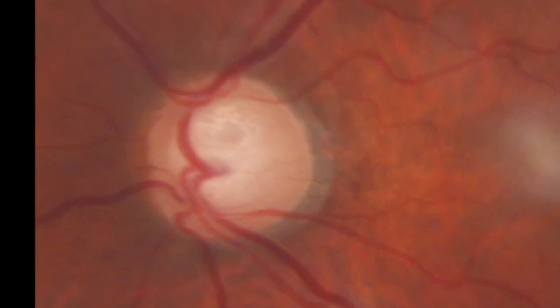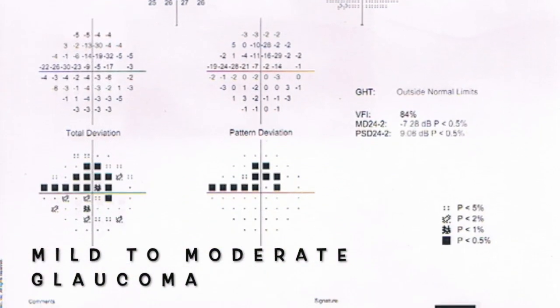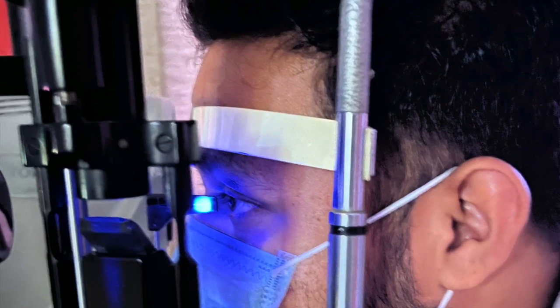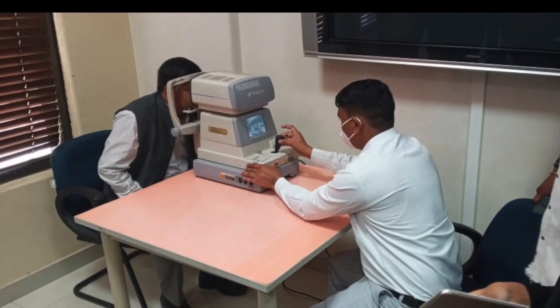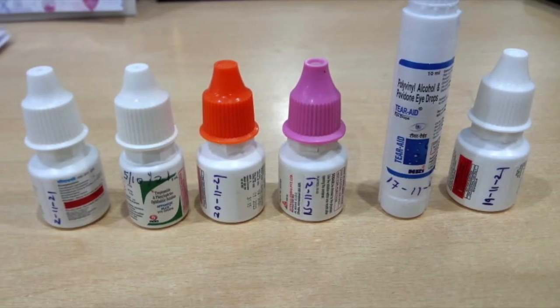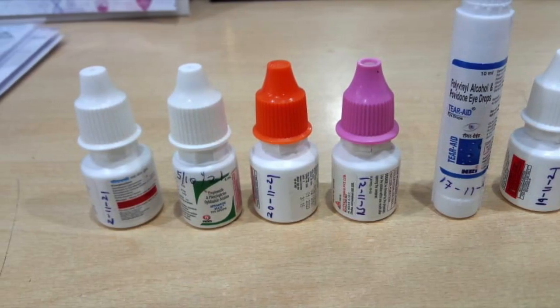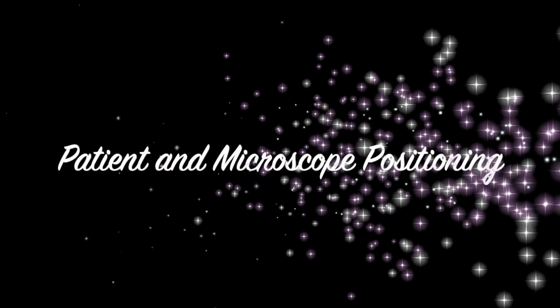The ideal stage of glaucoma is early to moderate glaucoma. As for the intraocular pressure, it should be either controlled or uncontrolled with one or two medications. Basically, the goal of the surgery is to reduce IOP by 20 to 30% or reduce your number of medications by at least one.